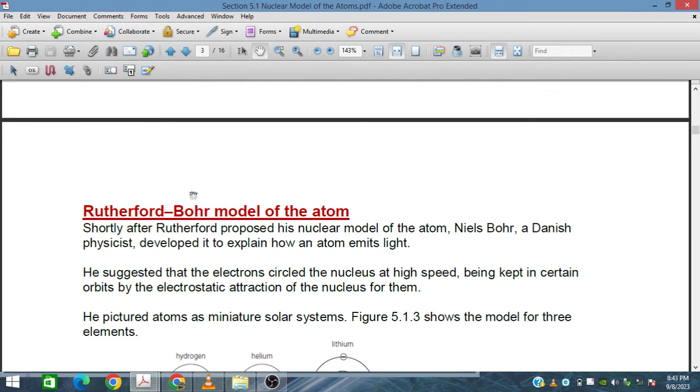Bohr's model came next. Shortly after Rutherford proposed his nuclear model of the atom, Niels Bohr, a Danish physicist, developed it to explain how an atom emits light.